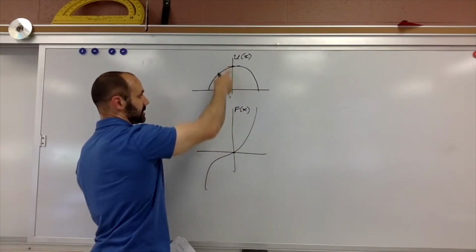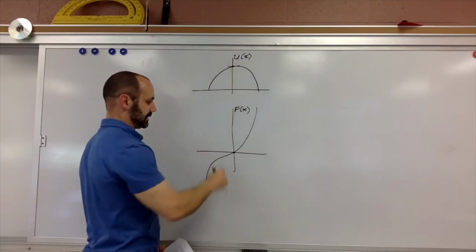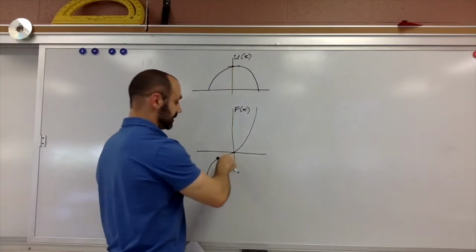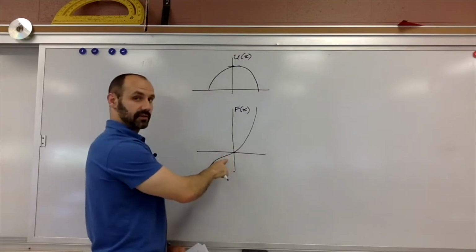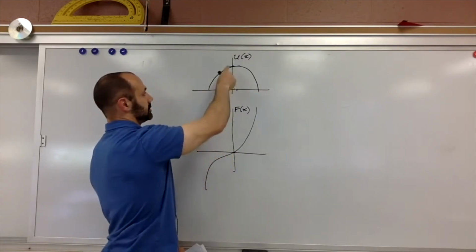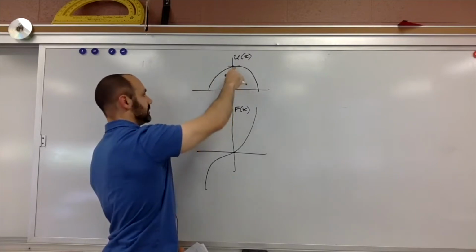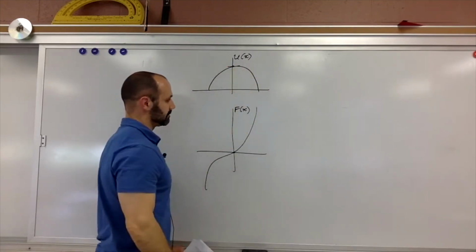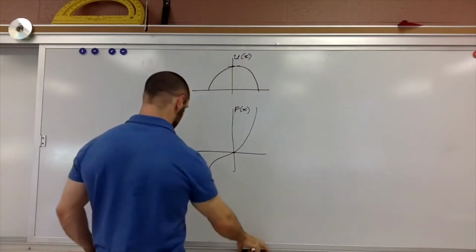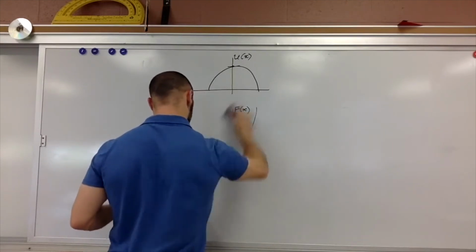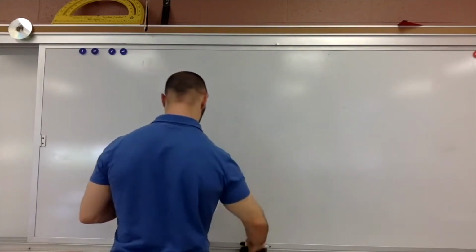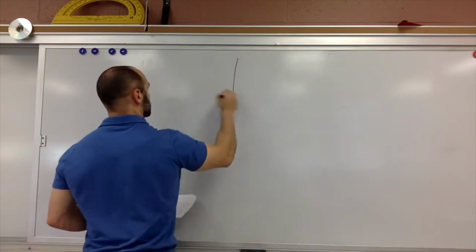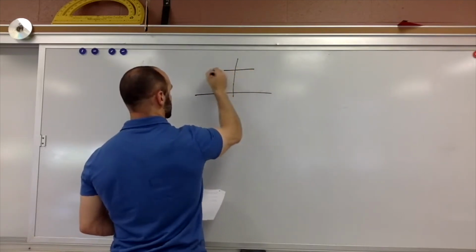If I move a little bit to the left of the equilibrium position, then I'm getting a negative force value. A negative force value means that the force is pushing to the left. So if I go this way, I get pushed further that way. If I go that way, it gets pushed further that way. That's unstable equilibrium. And then neutral equilibrium, again, would be something like this, right?